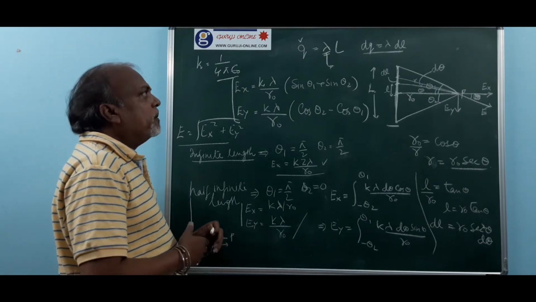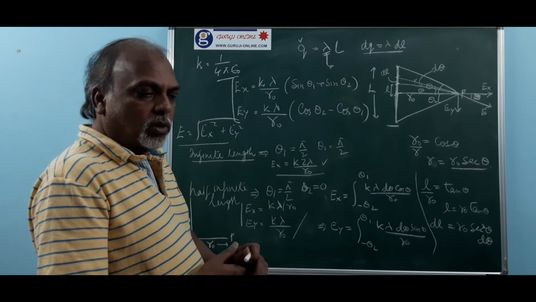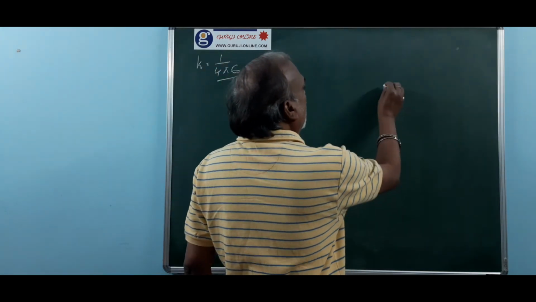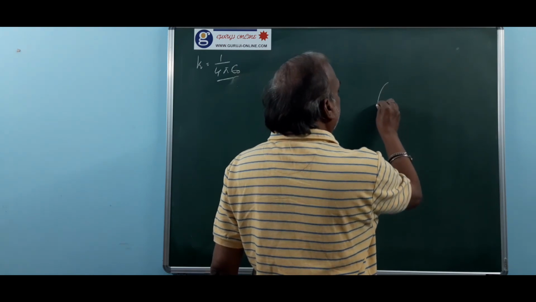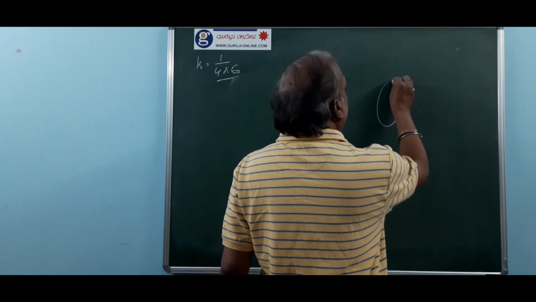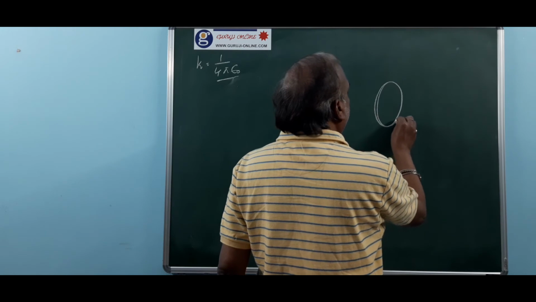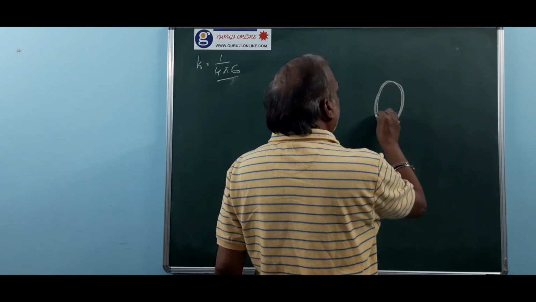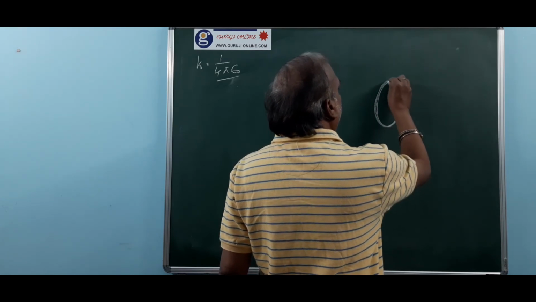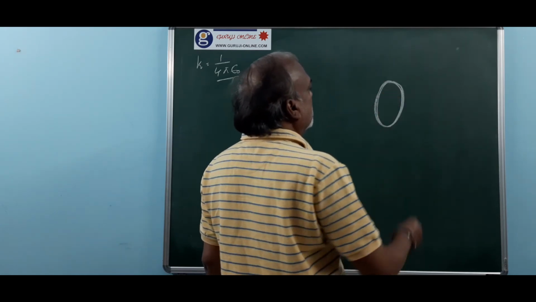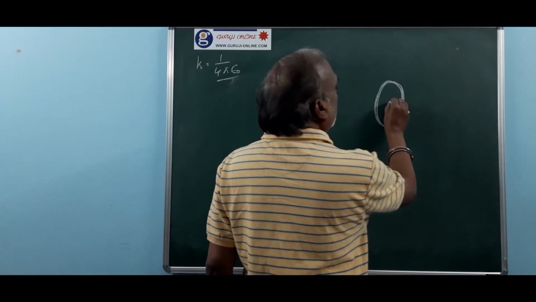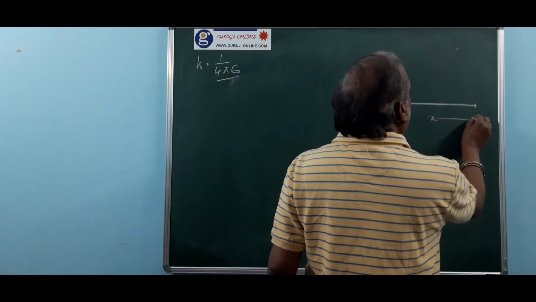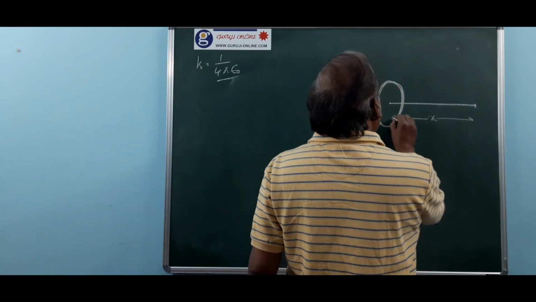Now let us see what will be the electric field due to the ring. Suppose this is a ring, and charge is uniformly distributed on this, and you are asked to find out the electric field.